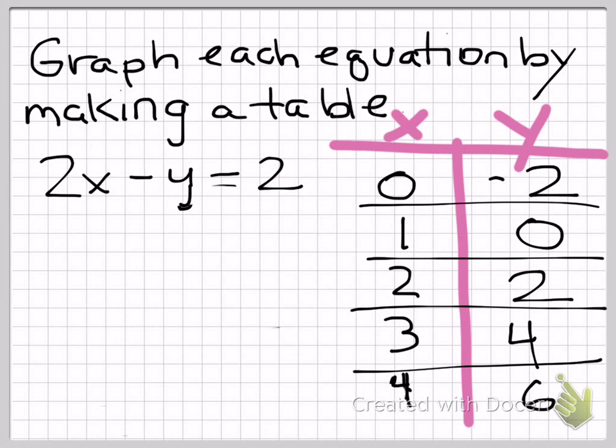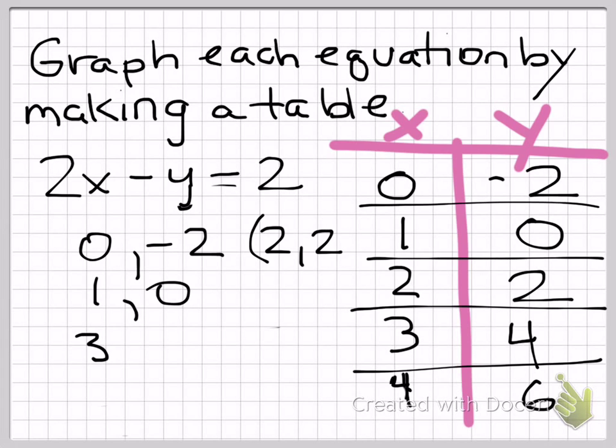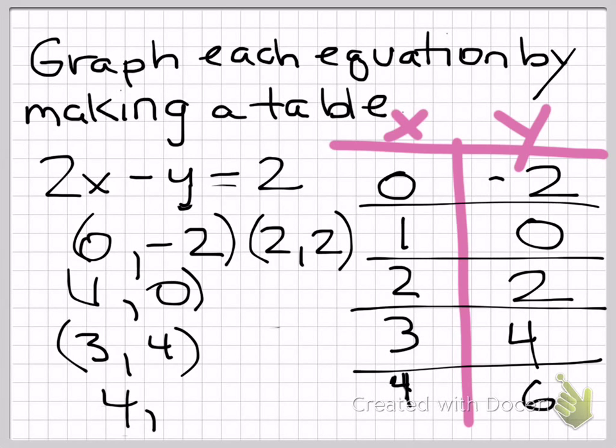Okay, so 0, negative 2, 1, 0, 2, 2, 3, 4, and 4, 6. And I'm going to plot that on my graph.